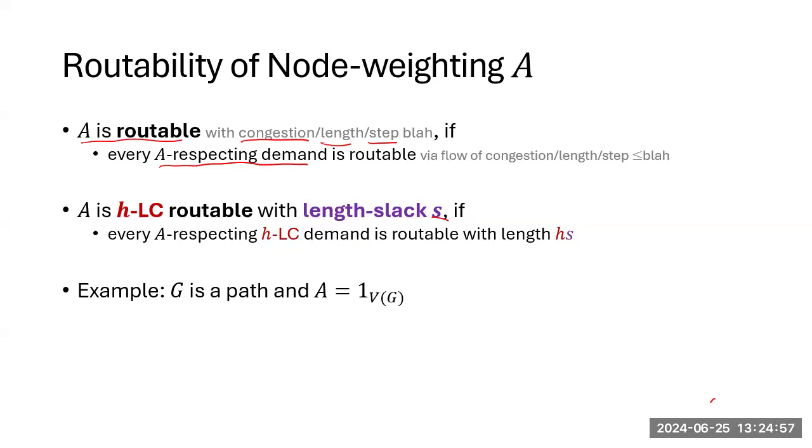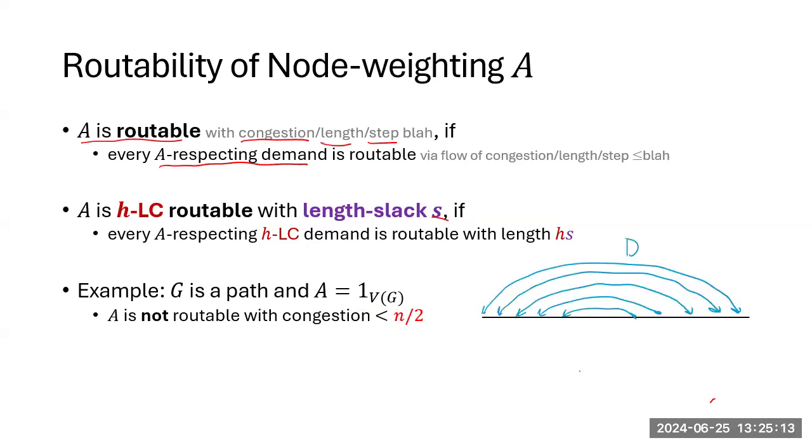Suppose that the graph is a path, right? And let's say A is just all ones, one on every node. Then A is not routable with congestion less than n over 2, because if you have a path and you look at the demand that tries to route the first half to the second half, then this demand is not routable with small congestion. There exists an A respecting demand, and the congestion here is big, n over 2.